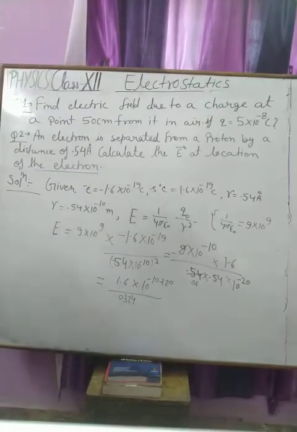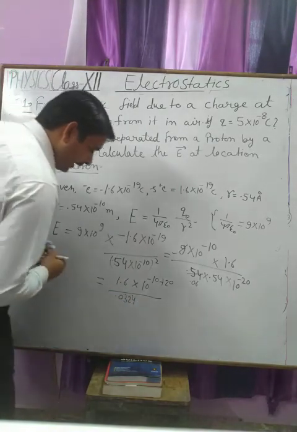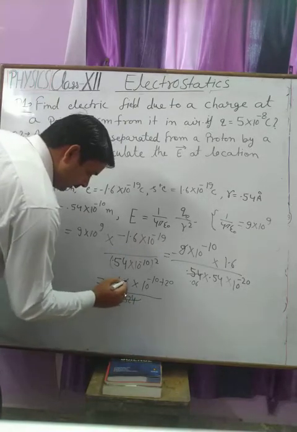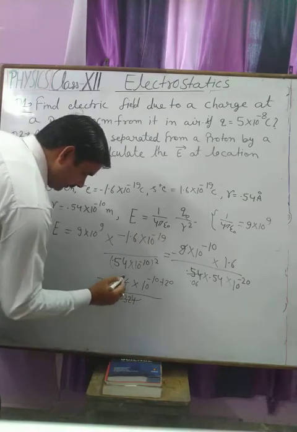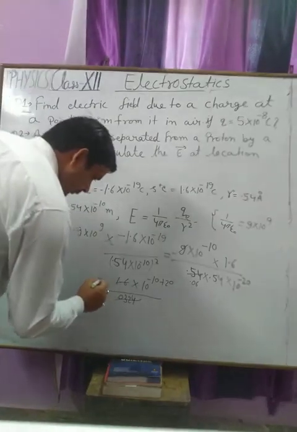Now 3 into 5 is 15, and this 24 multiplied becomes this.